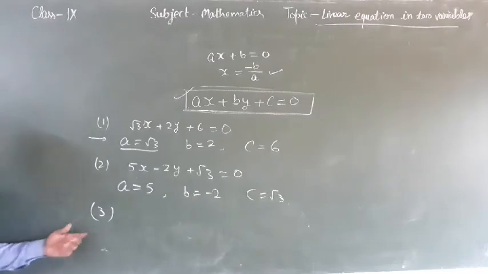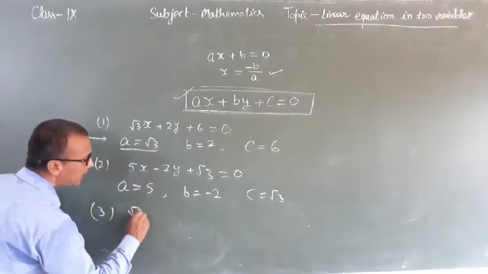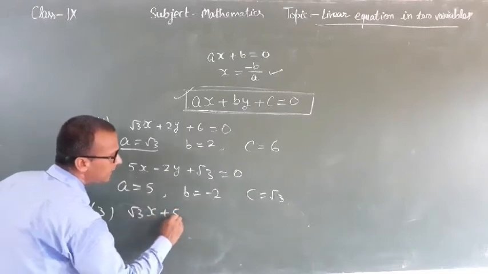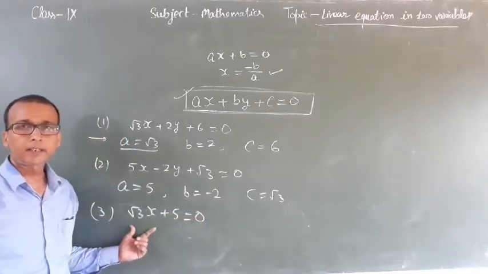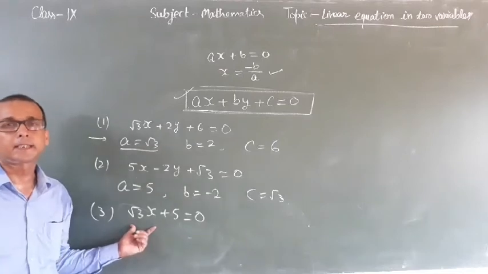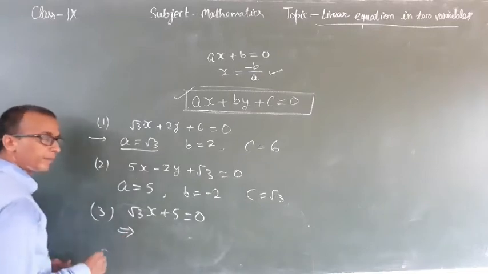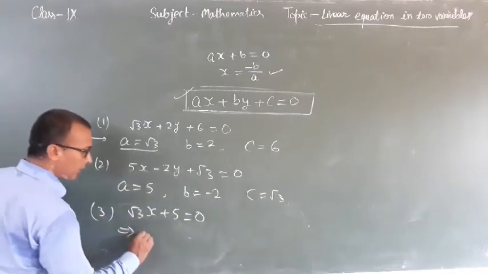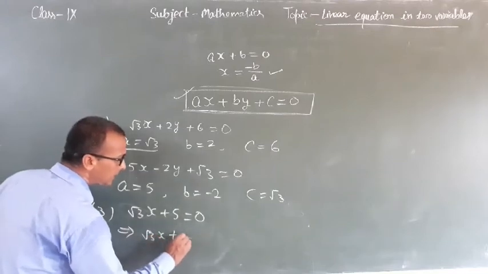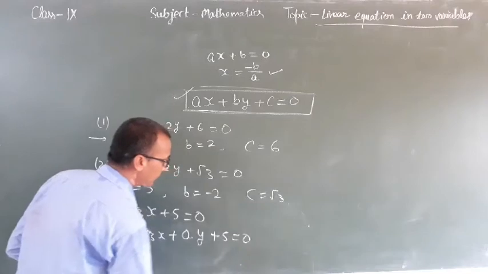Example 3. Root 3x plus 5 is equal to 0. It is a linear equation, but the second variable is absent. It can be written, making it into two variables, as root 3x plus 0 into y plus 5 is equal to 0.